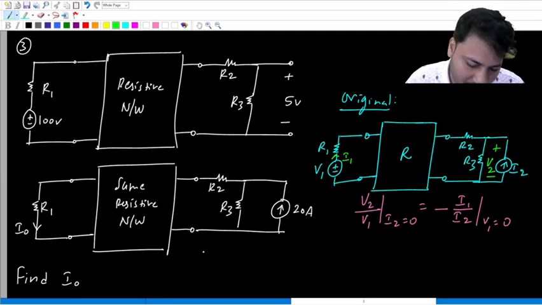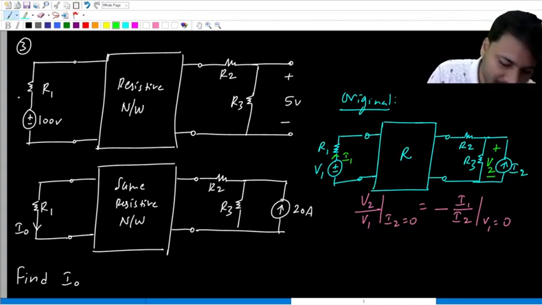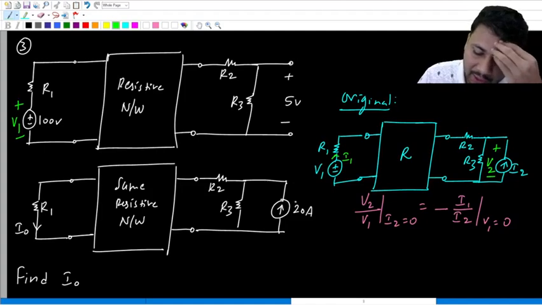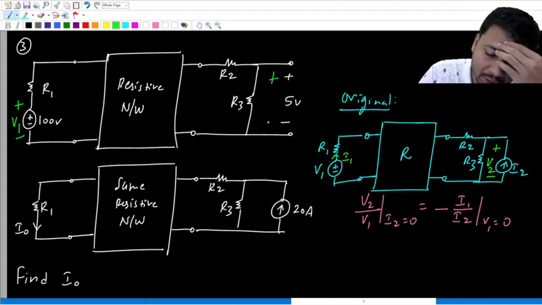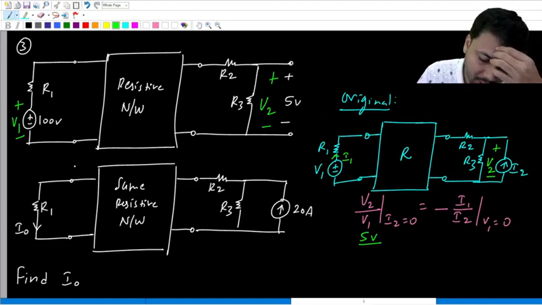Then you can find I0. So in the first given circuit, left hand side voltage source V1 is present. Right hand side the current source I2 is made 0, so this is the open circuit voltage V2. V2 is 5 volts. V1, same polarity, is 100 volts.